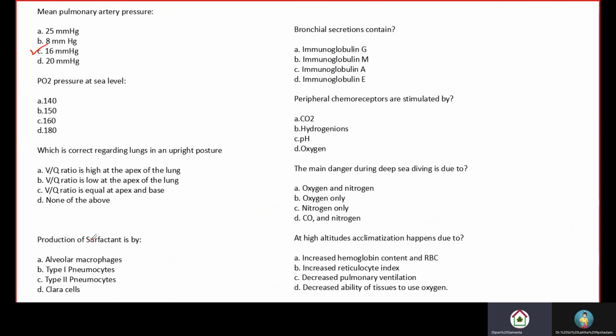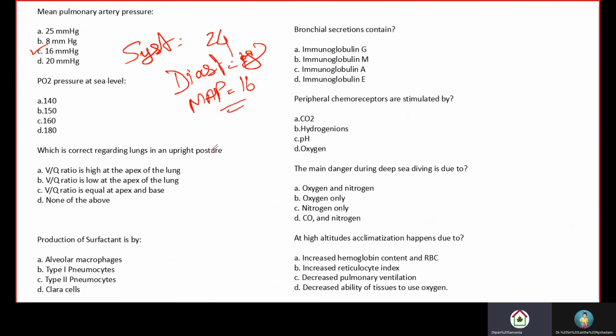So systolic is 24 and diastolic is 8, and the mean arterial pressure is 16. Partial pressure of oxygen, PO2 at sea level, is 160. This is just a fact.